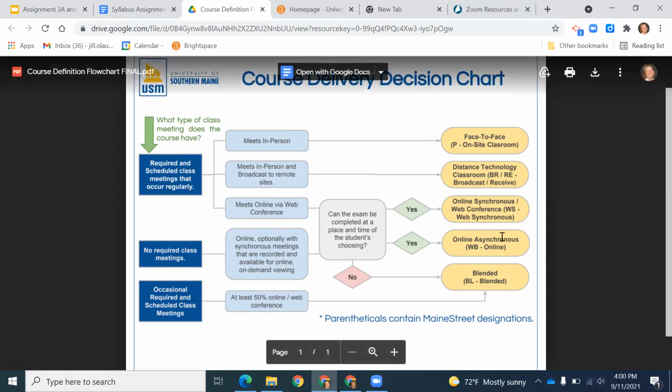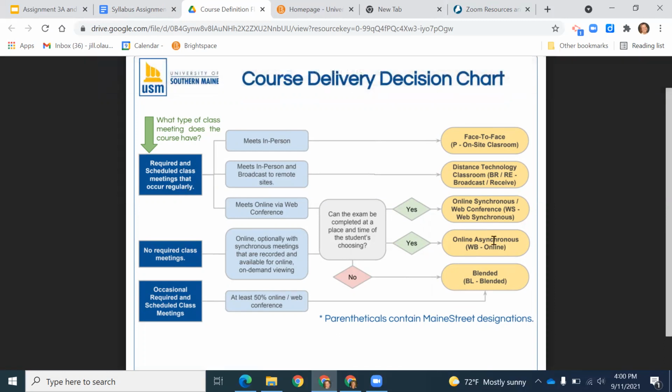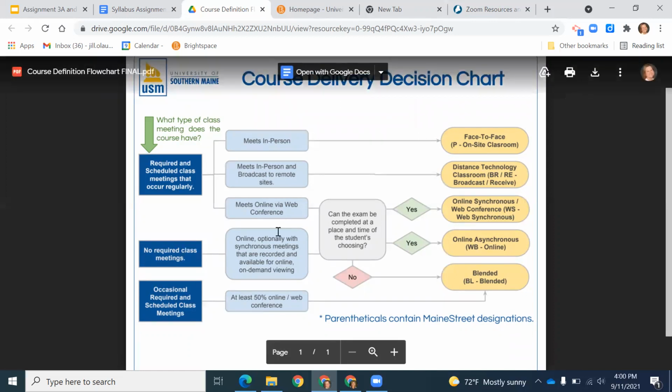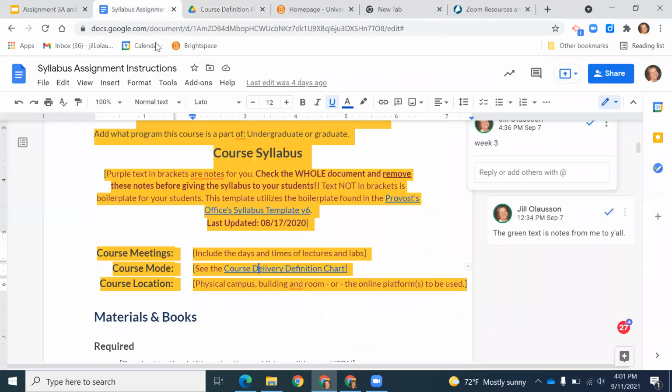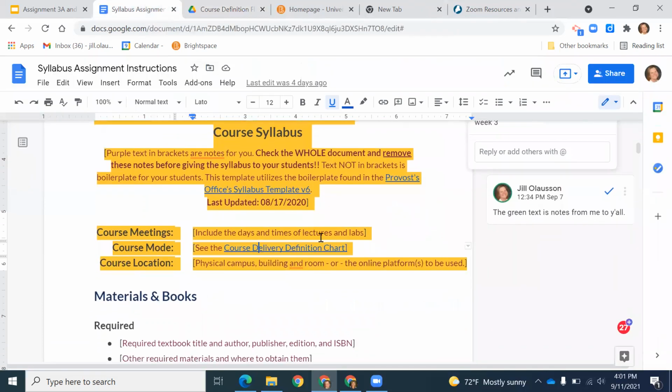Say, oh, I want asynchronous. What is that again? It's online with optional meetings that are recorded and available for online or on-demand viewing. So this is really a great flow sheet here that gives you the definition. So just fill that in on your syllabi there.